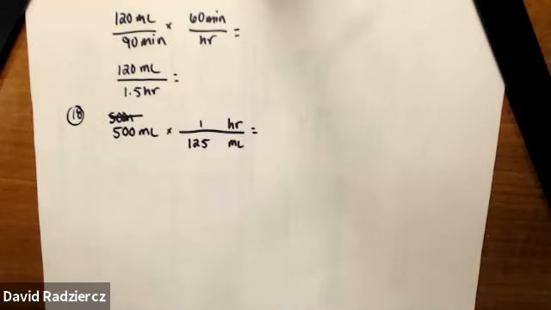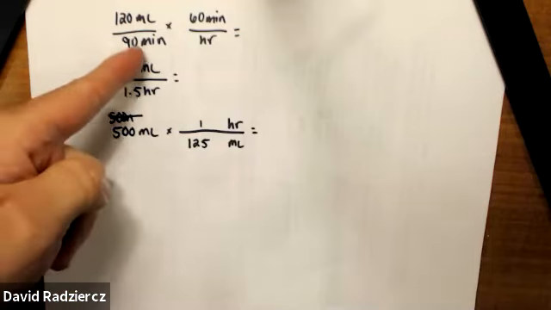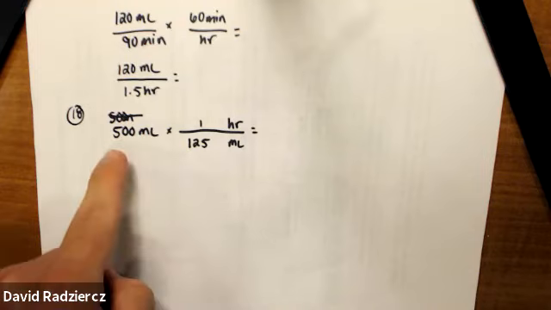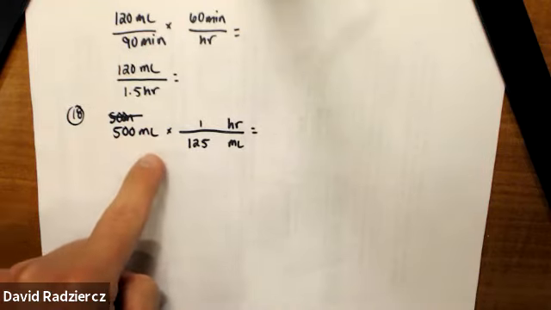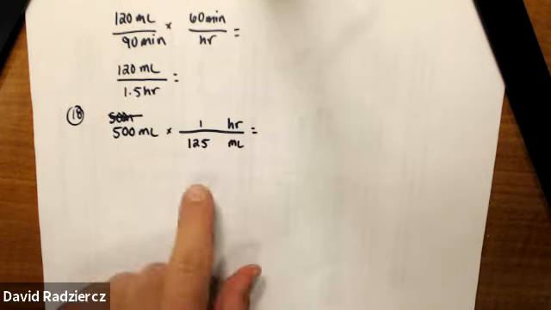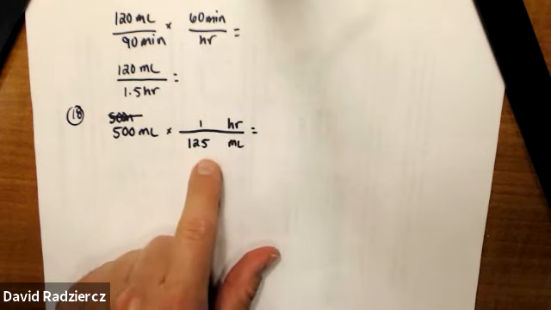So this one, you don't use any formula. You just use dimensional analysis. I always say that even the flow rate question up here, we're using dimensional analysis. With dimensional analysis, you never need a particular formula. If you just did 500 divided by 125, that's right too. The 125 is the flow rate, which is 125 milliliters per hour.